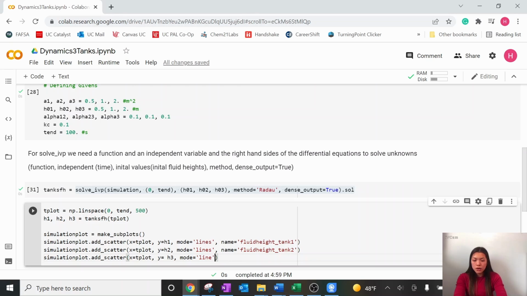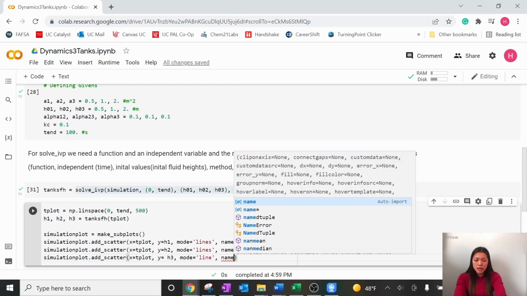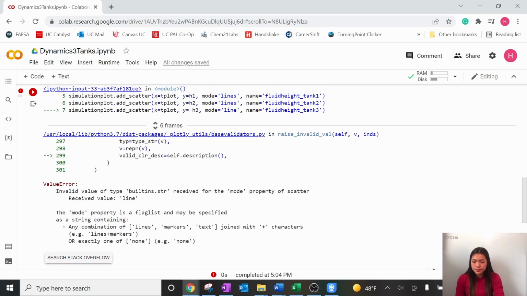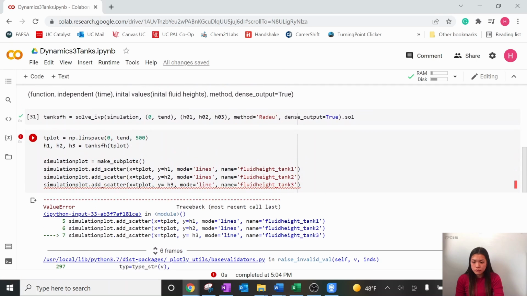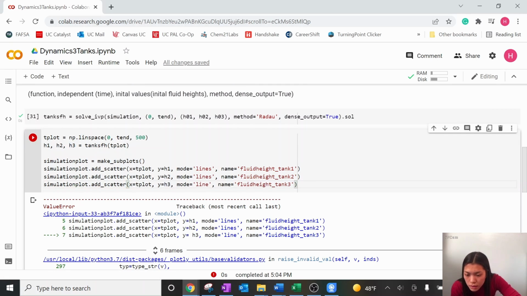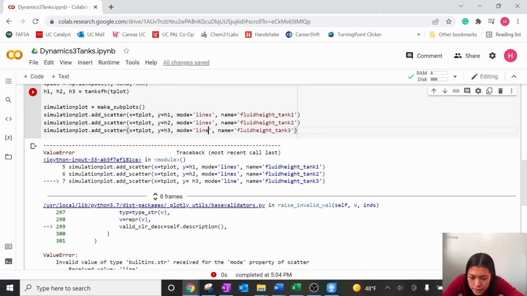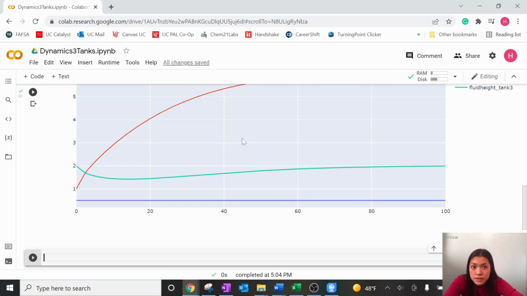And we are going to name this line fluid height in tank 3. And then we're going to shift enter. Did I miss something? Lines. There we go. Now we're going to shift enter.